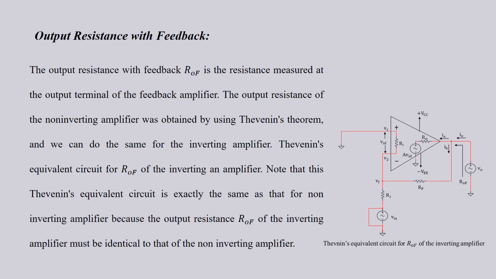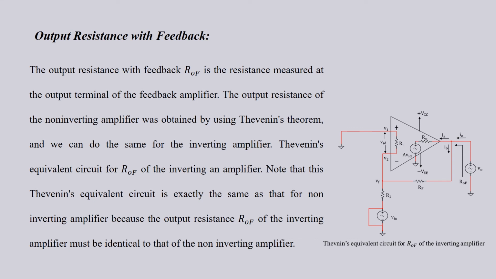The next one is output resistance with feedback. The output resistance with feedback is the resistance measured at the output terminal of the feedback amplifier looking back into the circuit.